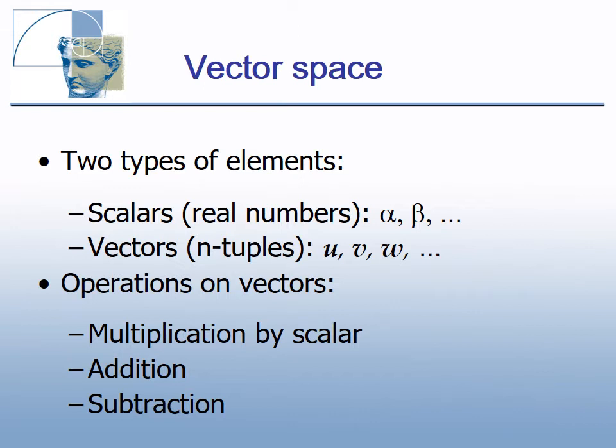The second element is vectors, or n-tuples of real numbers. They are denoted like u, v, w, and so on. Also, such operations are specified: addition, multiplication by scalar, and subtraction.